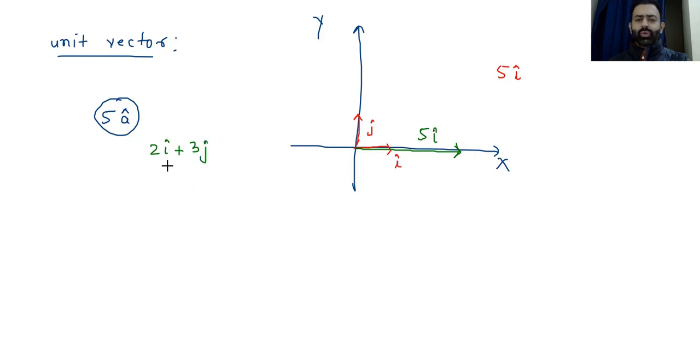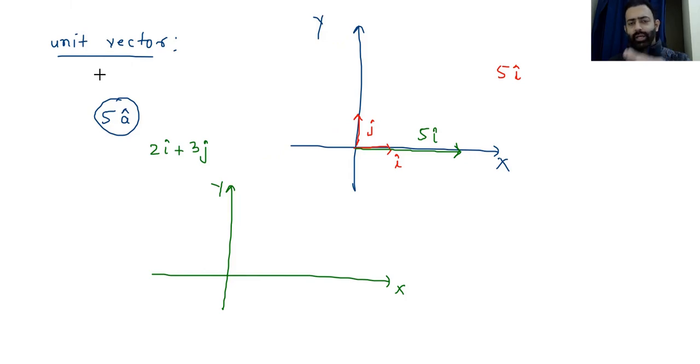The meaning of this 2i cap plus 3j cap is just like coordinates x and y. So you have again a coordinate system. This is the y axis, this is the x axis. So i cap means the distance that you have traveled along the x axis, that is 2. So this is your vector 2i cap.